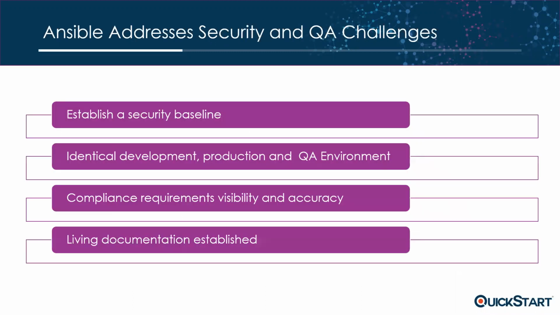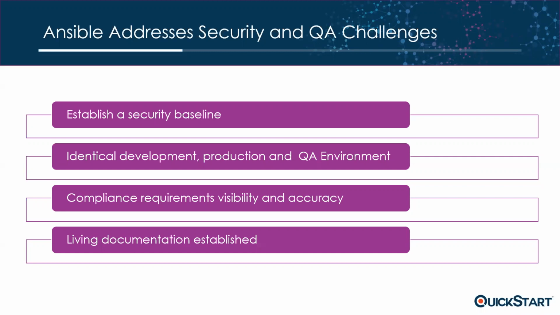So moving to how Ansible is addressing security and QA challenges. Ansible automation can serve to establish a secure baseline from which to start and proceed. With Ansible, establishing identical development, production, and QA environments is not only possible, but it is significantly simplified, right?